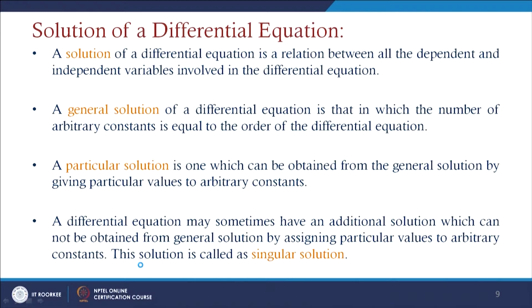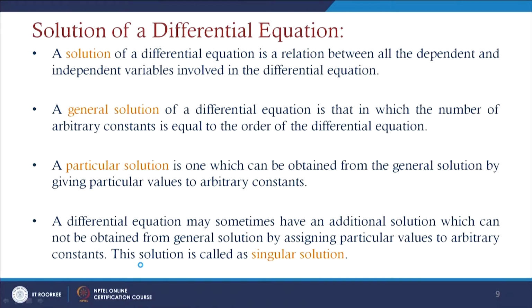Why do they exist? Whenever we approach a solution of a differential equation, it always involves certain constants, and from that we can obtain a generalized solution. So the basic definition of a general solution is one in which the number of arbitrary constants is equal to the order of the differential equation.